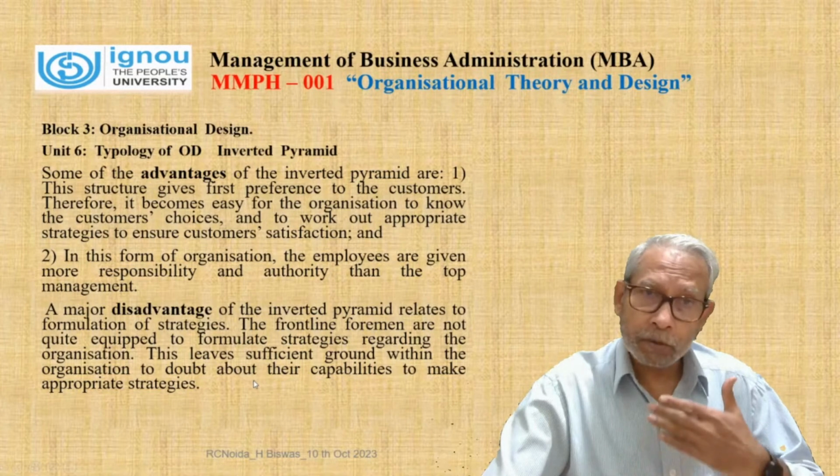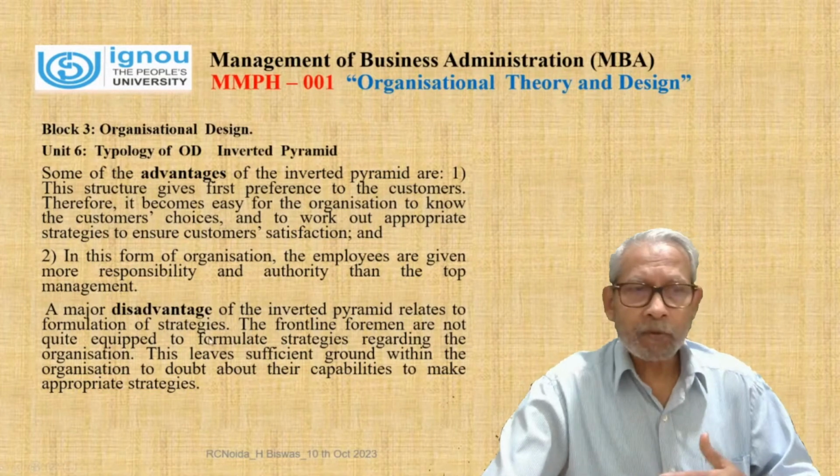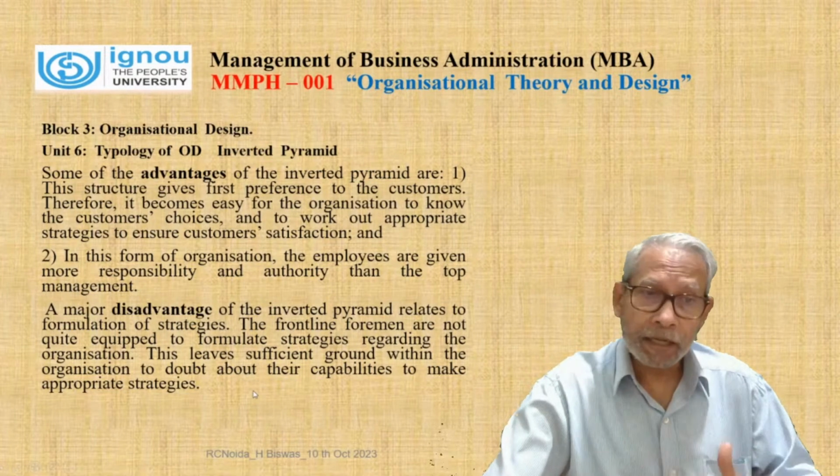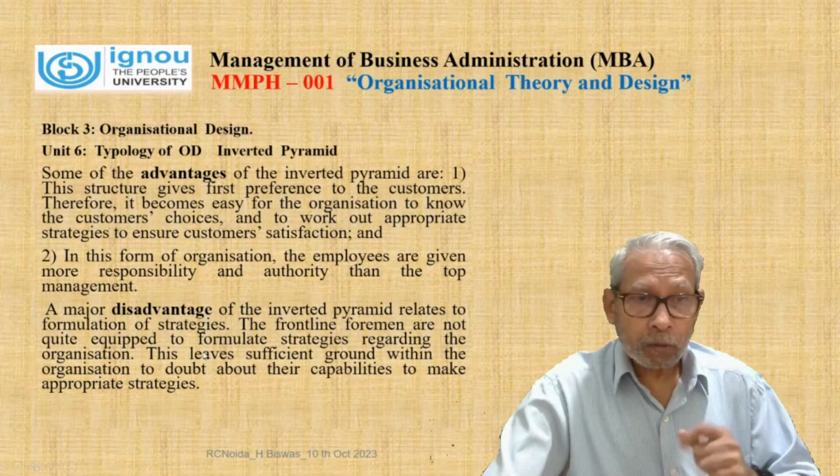They should be trained for that. If the frontline officers or employees are not trained enough and are not capable of taking appropriate decisions, then it will be a problem. So that's why it is a disadvantage.